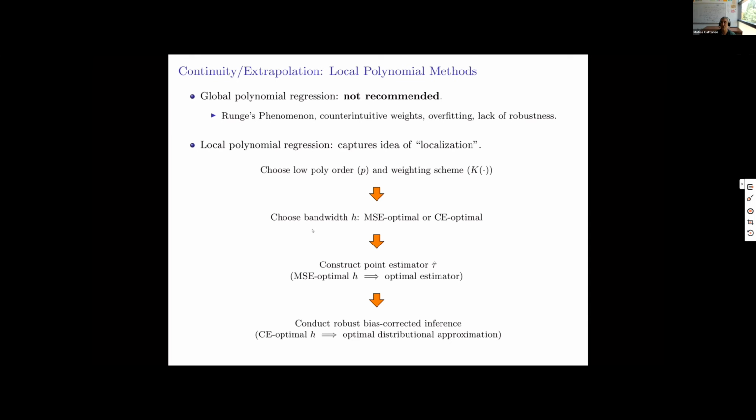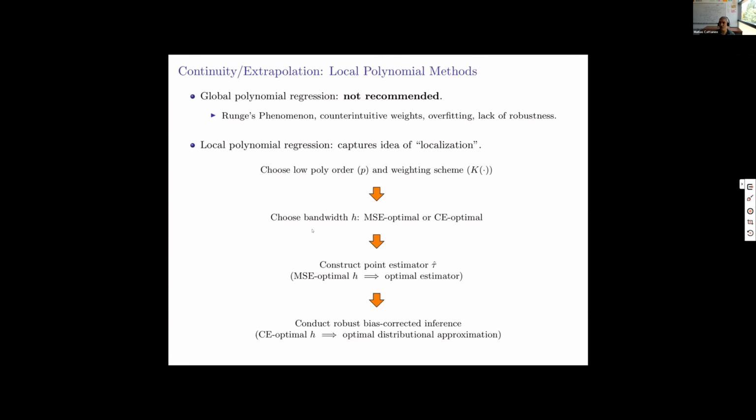For those of you who may not remember what that is, it is a measure of how good a point estimator is, as measured by the expected square difference between the point estimator and the actual target parameter, in our case, the vertical jump at the cutoff point. And so the mean square error essentially trades off bias and variance in a particular way.